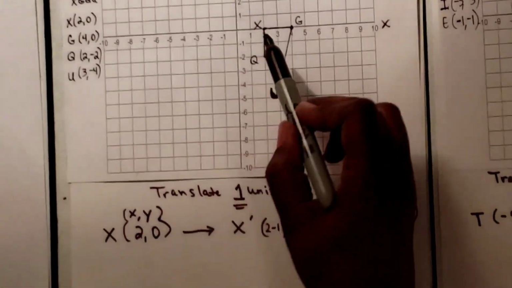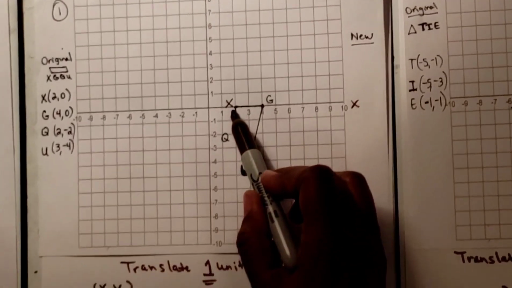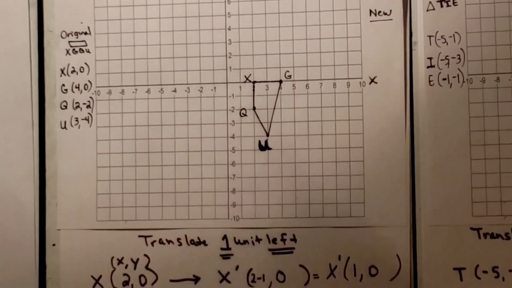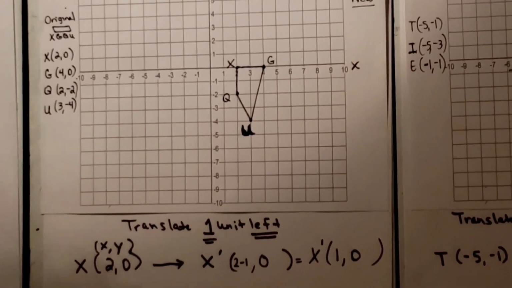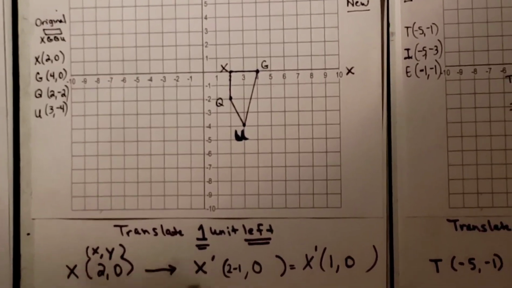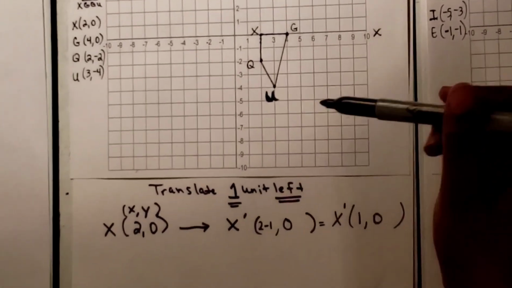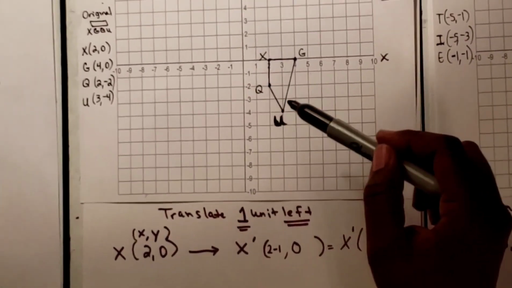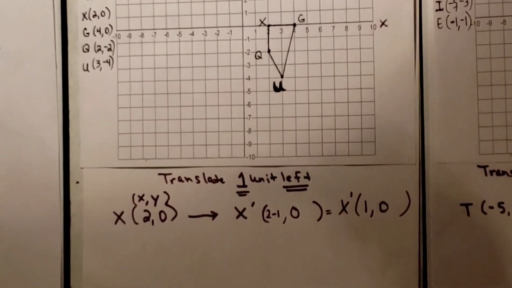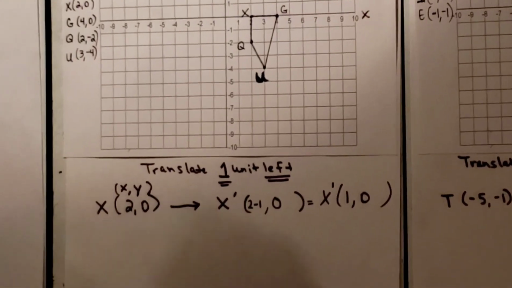And if you look back at 2, 0, if you move it left 1 place, it would be at 1, 0. So I'm going to show you how to actually do the actions by subtracting and adding, because even though it may be just as simple to move each point 1 step, you may have more complicated moves, so you need to know how to do the process.